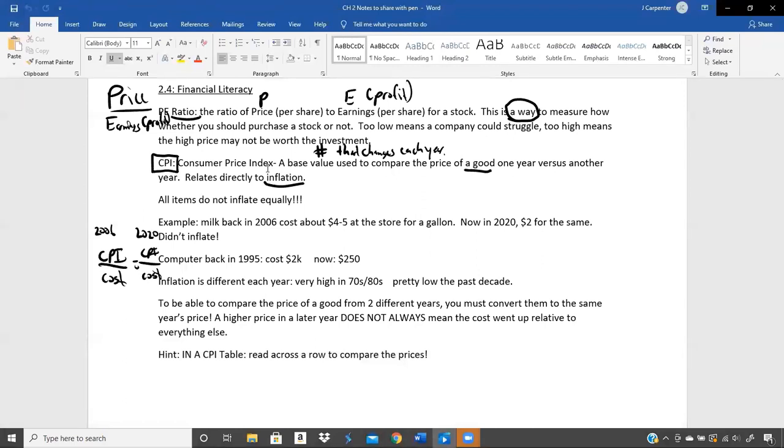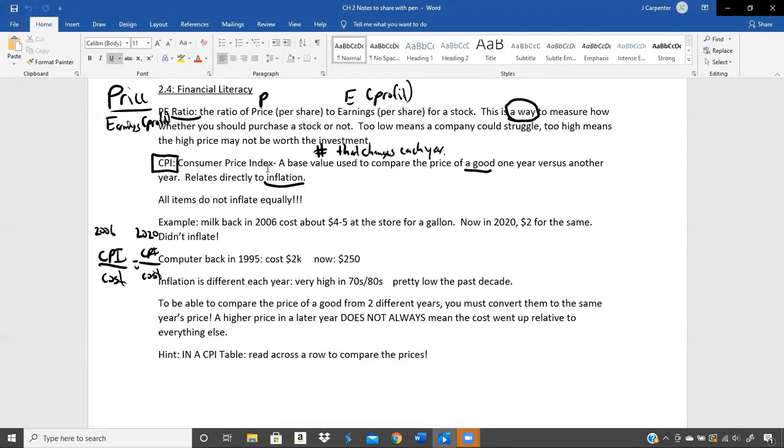But the CPI gives us a way to determine whether something was cheaper in the past relative to what the dollar was valued at then, or if it's cheaper now relative to what the dollar is worth now. Let's say a ream of paper costs $1 back in 1990, and it costs $1.50 in 2020.